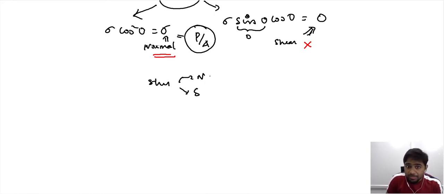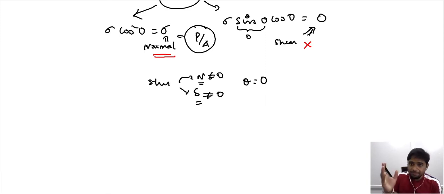Both will be non-zero when there is a non-zero theta associated with the region of interest. However, when theta itself is 0, when it is perpendicular to the loading direction, the shear component of the stress will be completely 0.